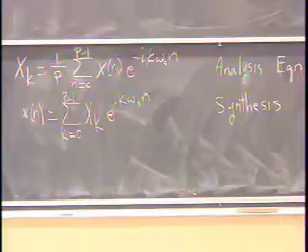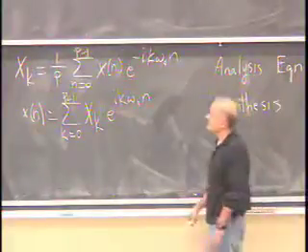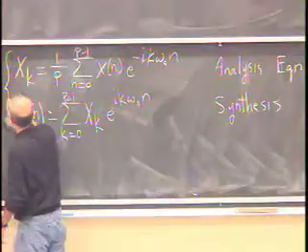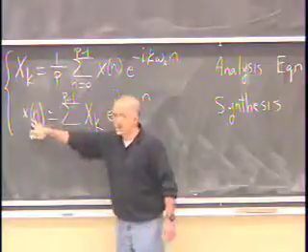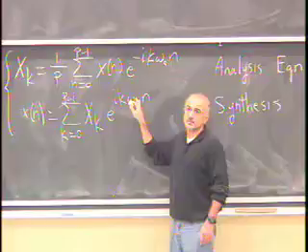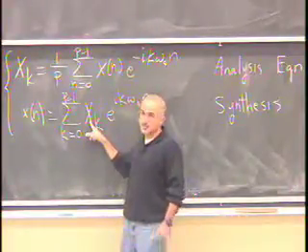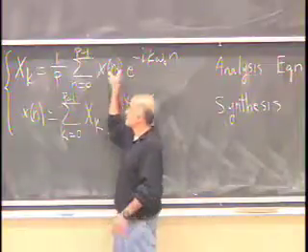And the top equation is the analysis equation. That's all there is to the discrete Fourier series story. You say x is expanded in terms of complex exponentials, if you can, and to do that, you need to find the coefficients. Can you find the coefficients? Yes, with this equation.